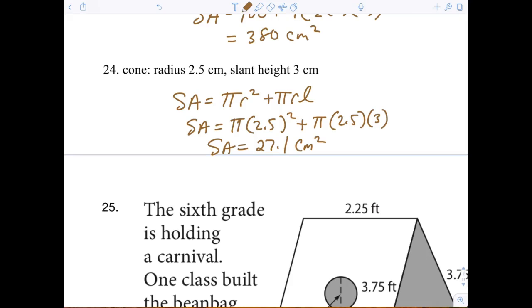Uh-oh. What'd you get? All right, so we got some problems here, guys. So I want everybody to clear the calculator again. Come on, we got to agree. Type it in again. Pi times 2.5 squared. 43.2, somebody said. All right, 43.2 centimeters squared.